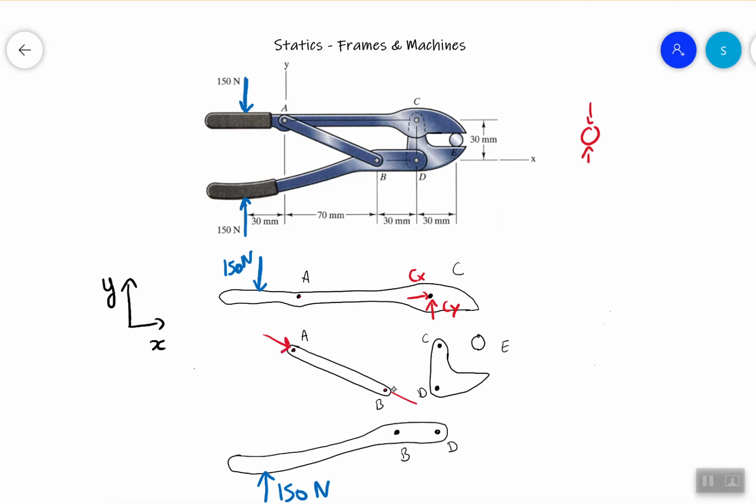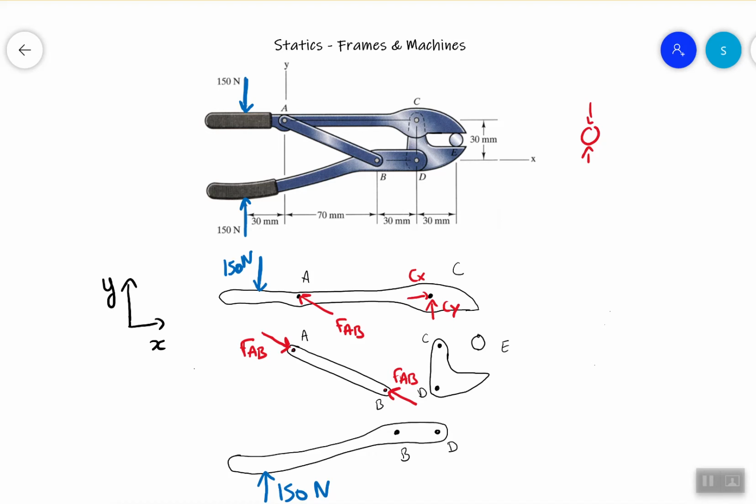So it will be in this direction and this direction. Okay, same magnitude but opposite direction. Let's call that FAB, and FAB with the same magnitude. So it means that at A, what we have is the opposite force of this FAB. So this one is the force of the member AB on the upper handle.